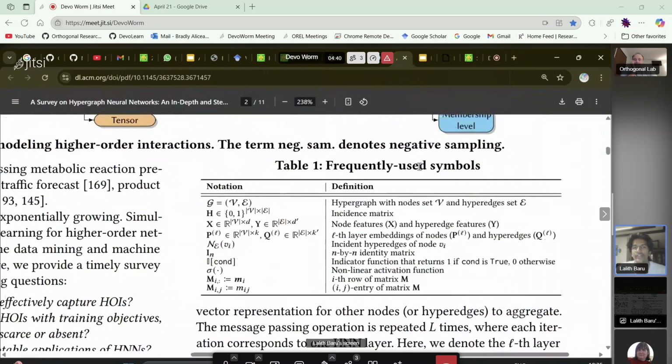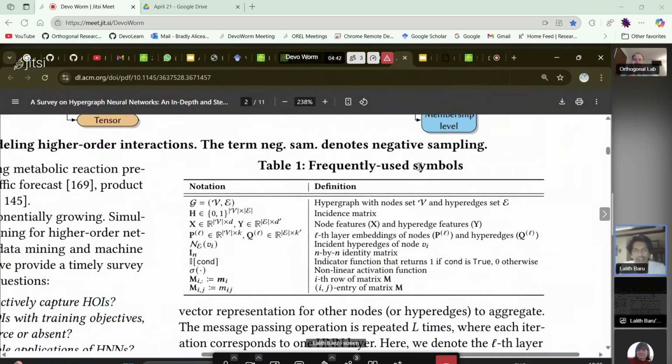So here is the graph. Suppose G is the graph and V are the hypernodes, and E is the hyperedges. H is the incidence matrix, X are the node features, and Y are the hyperedge features, the edge that carries. P is the embedding of nodes at the Lth layer.